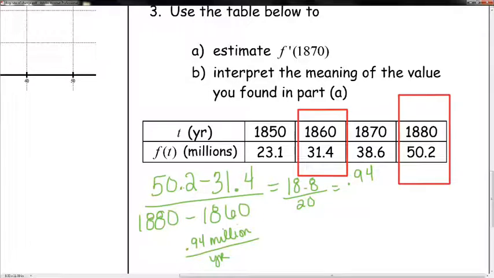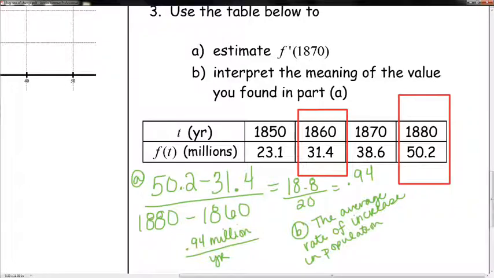Now they want us to interpret the meaning of the value found in part A. So this was part A. Part B. So we're talking about the average rate of change, or rate of increase, we'll say that, in population is 0.94 million per year.